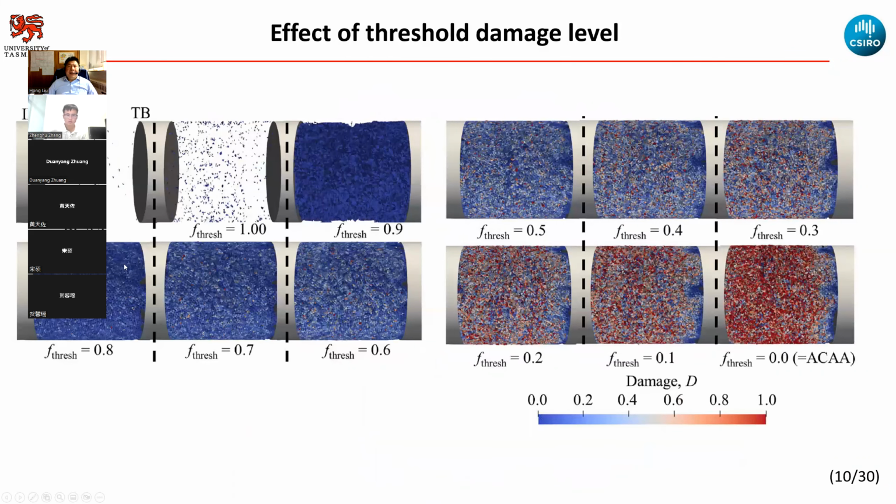Then by changing this threshold to a different value, we understand why the speediness of the failure pattern happens. When the threshold is quite close to 0, it means D is approximately equal to 1, when the element is completely broken.